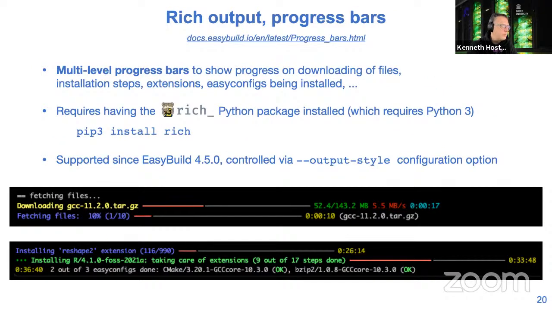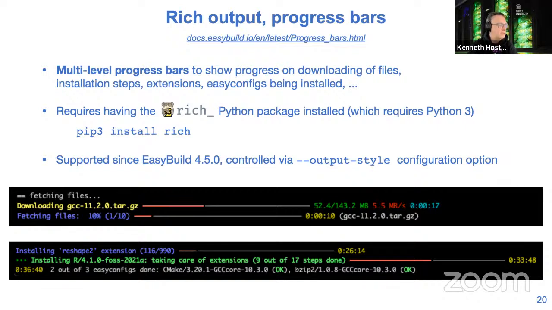And then perhaps the most recent big feature worth mentioning is the richer output that EasyBuild can give you. For this, we leverage the rich Python package. It's not a required dependency, but if it is installed, EasyBuild will use it to give more colorful output or to give progress bars whenever it's downloading files or running an installation.